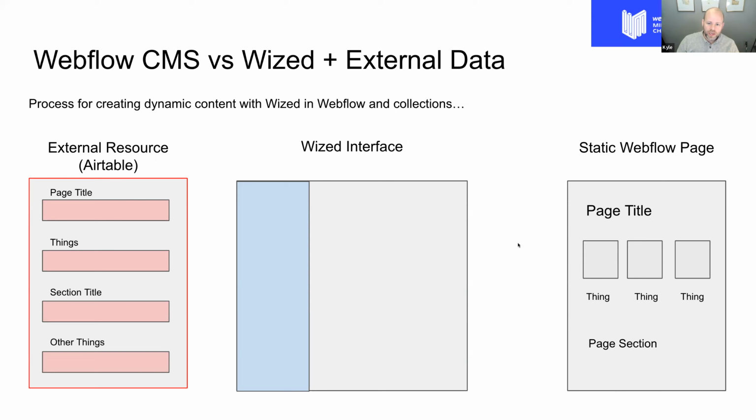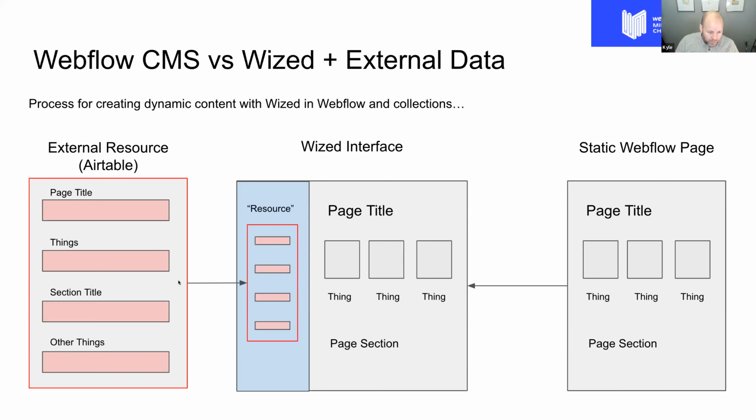And then inside of Wized, you are pulling in that data from your external source as a resource, as they call it in Wized. By hooking up Wized to your Webflow project, it's also pulling in the pages. And so right inside of Wized, you've got this resource, which is your data. You've got your UI.